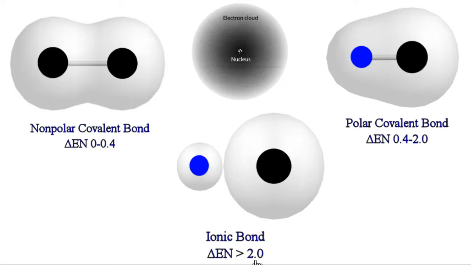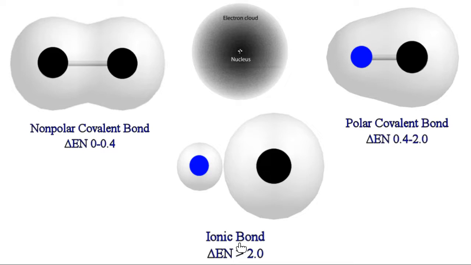When we put together things that are completely different colors, on opposite sides of the table, their electronegativities are really different. If two things trying to connect have really different electronegativities, they're going to form an ionic bond. Somebody's going to give away an electron, somebody's going to take an electron.